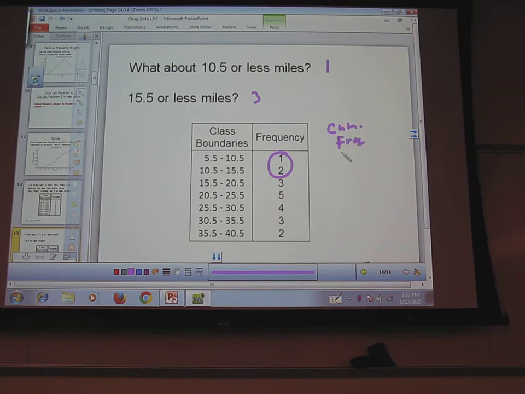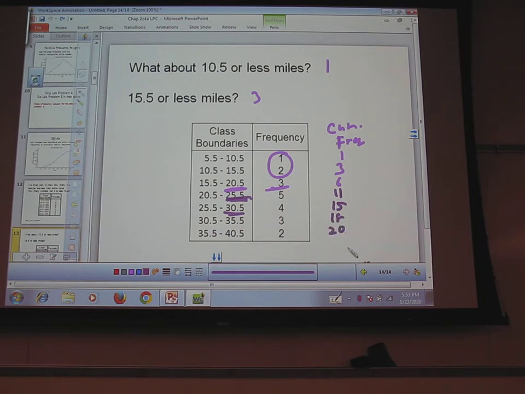So this would be 1 person there, 3. What's the next one? How many were this much or less? 6. What about this much or less? 11. Right? Because 5 plus the 6 from before. And then how about 30.5 or less? Yep. 4 here plus 11 from before. 18. And then 2 plus 18, 20.